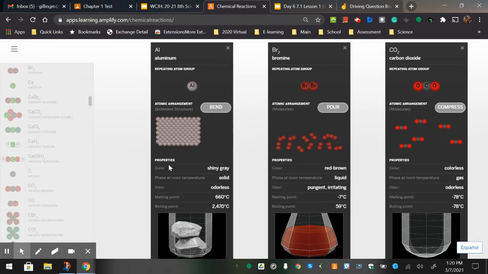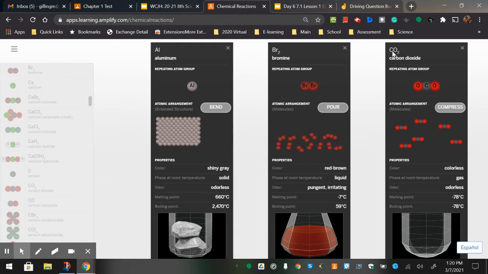It tells you some of the properties down here at the bottom, of where it would melt and boil and whatnot. It gives you the chemical symbol or the atomic symbol. In this case, here it's bromine, two of them.